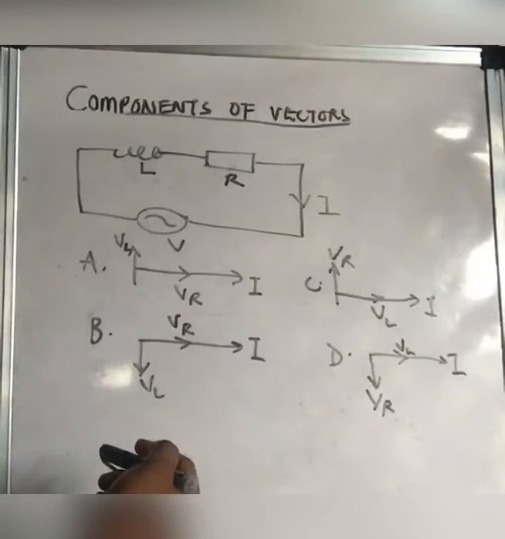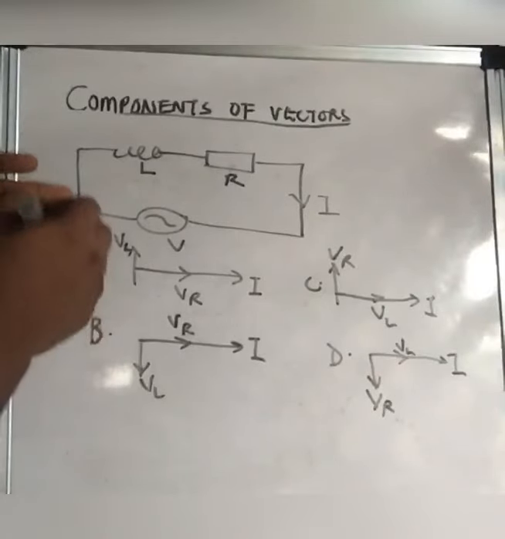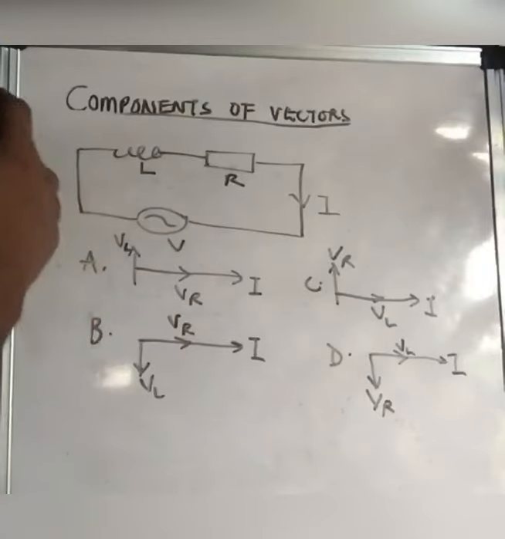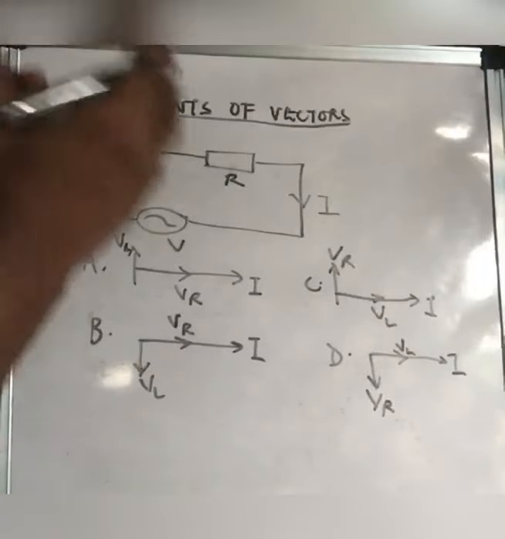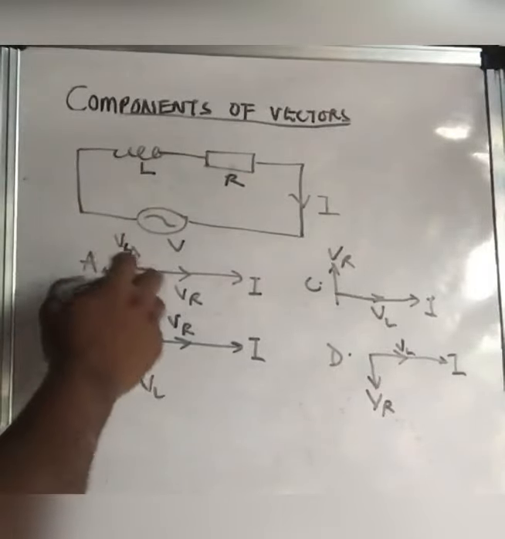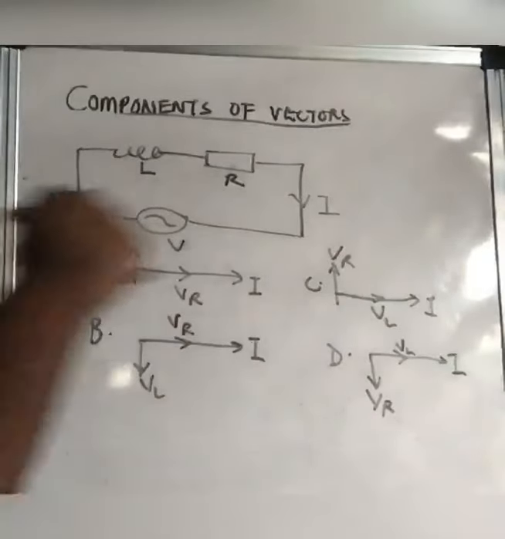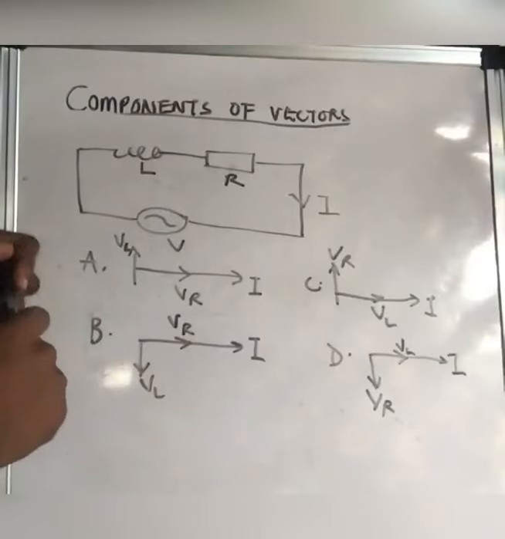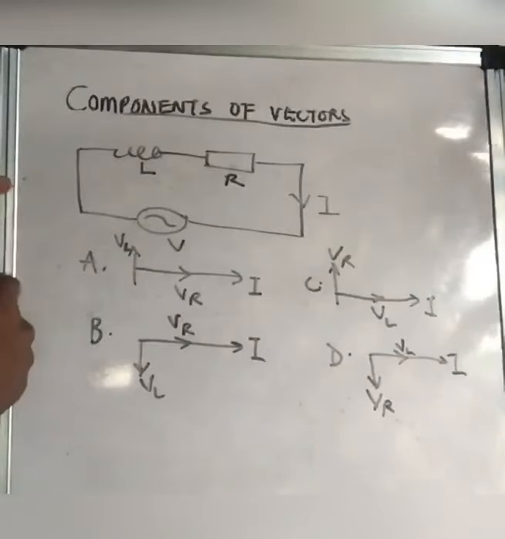So definitely the voltage across the resistor and the current are supposed to be in line, because if you look at the direct current situation, that's what you should have. The resistance and the current are supposed to be in phase. So that is the first thing you pick out from here.